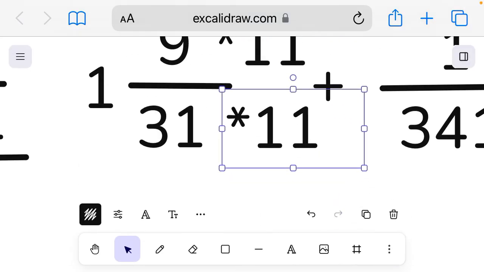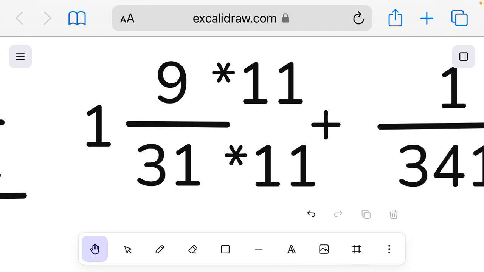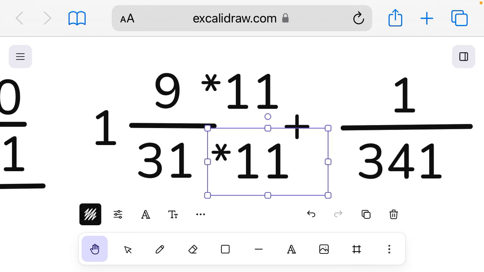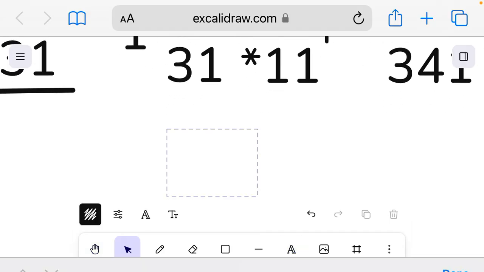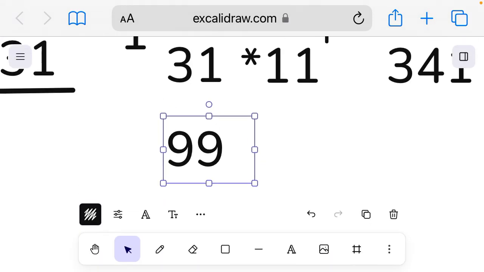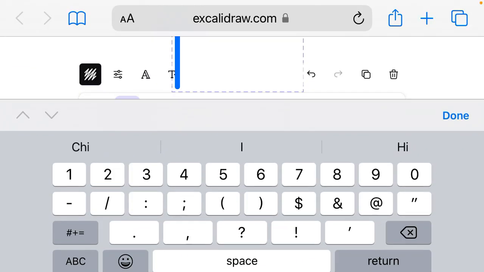But for the 341, we don't have to do anything. Basically, if you have a 1-digit number times 11, you can just duplicate that digit. So 9 times 11 is 99, and 31 times 11, well, it's 341, as you've seen.